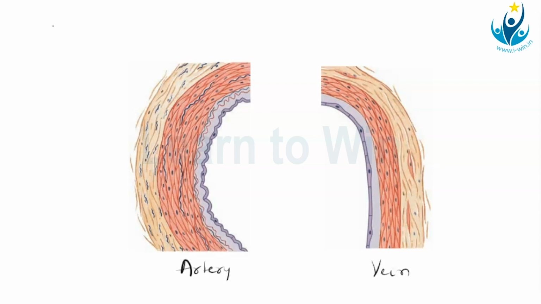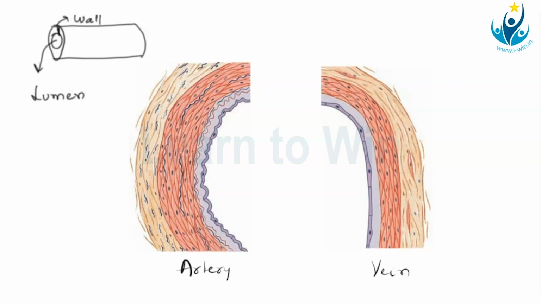It's a hollow tube, like how we are drawing here. This tube has a lumen in the center, the empty hollow space, and then you have the wall layers. Here we have extended the wall layers for you to see.